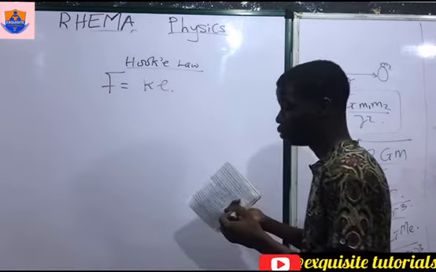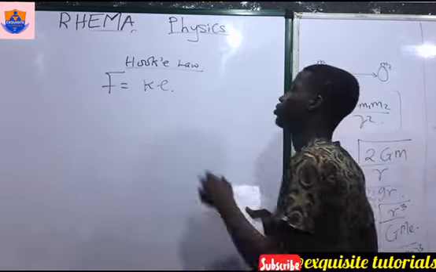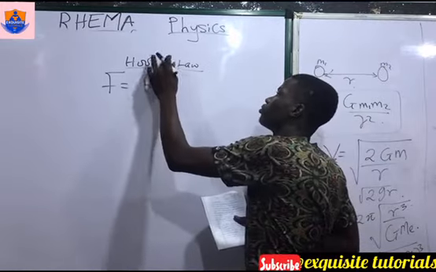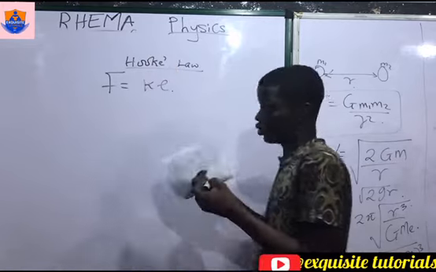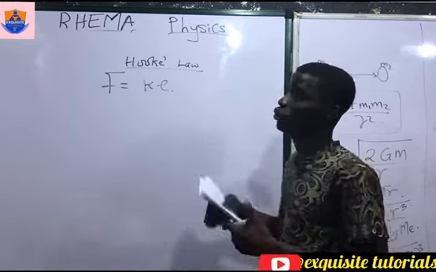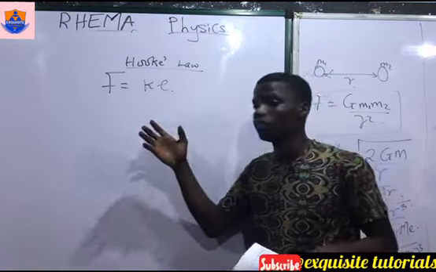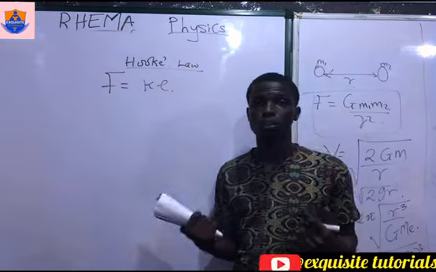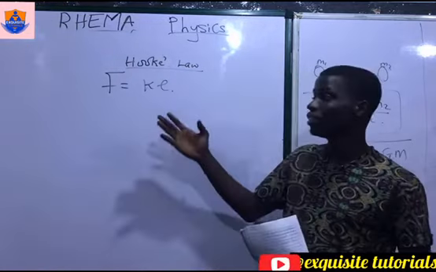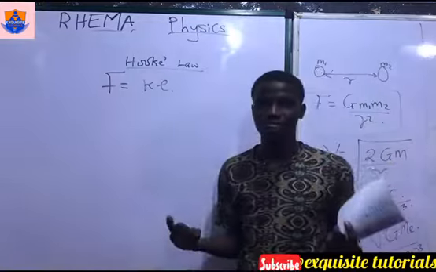When Hooke was trying to explain this, he was trying to tell us that any force you add to a body leads to an equal increase in the length of that body.